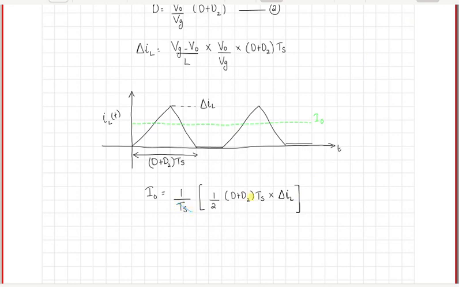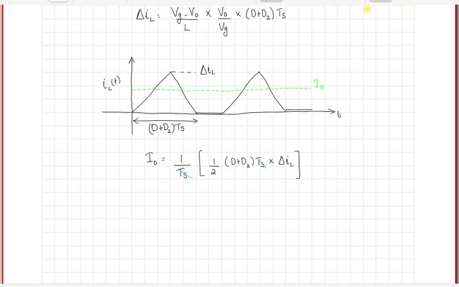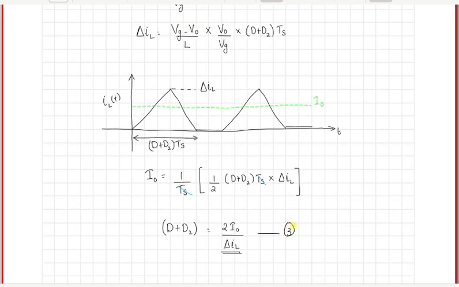Ts cancels out, and so we obtain the relation d plus d2 is equal to twice I naught divided by delta IL. So this we can call equation number 3.